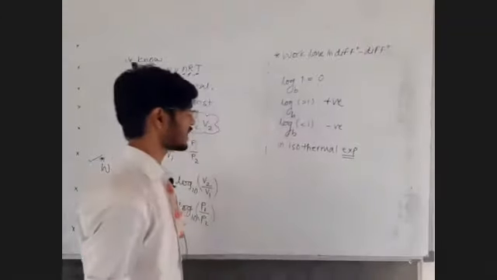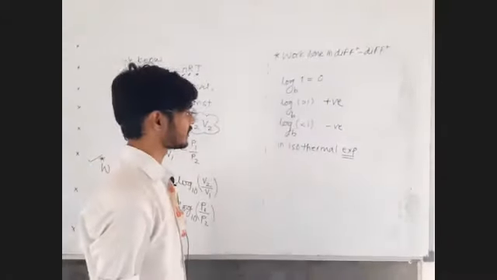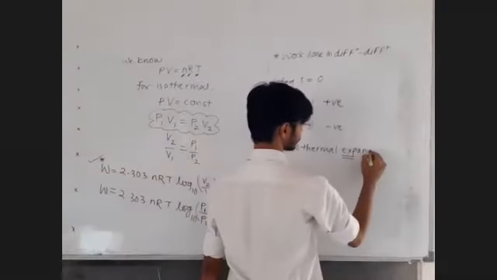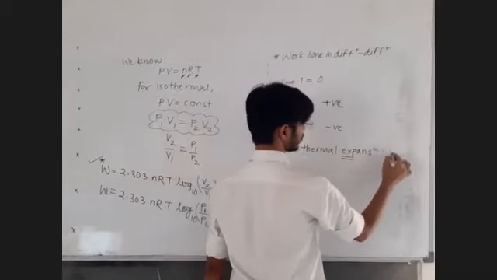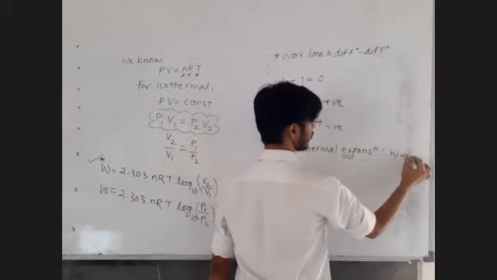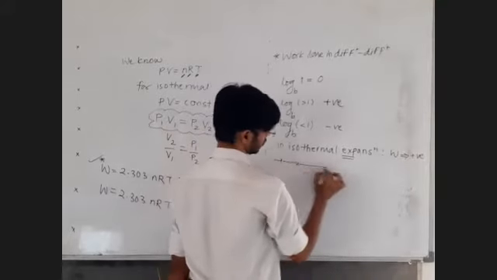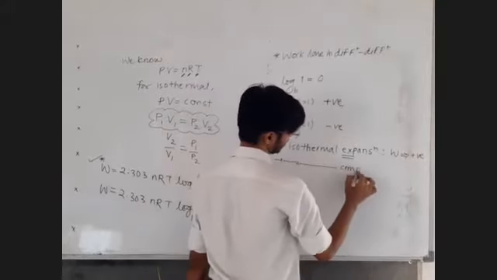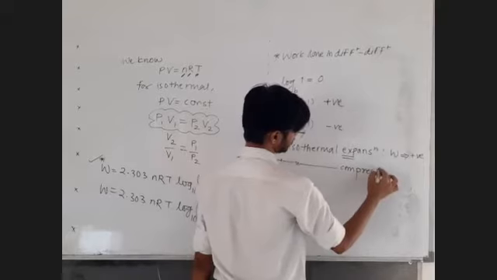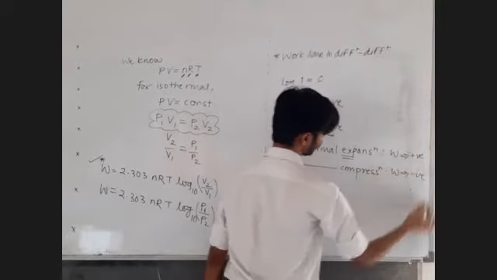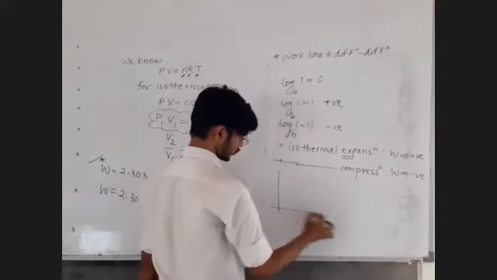Whether it is isothermal or non-isothermal, that won't matter. If it is expansion, W is going to be positive. And in isothermal compression, ultimately it is compression. Volume is decreasing. So in that case, work done will be a negative value.